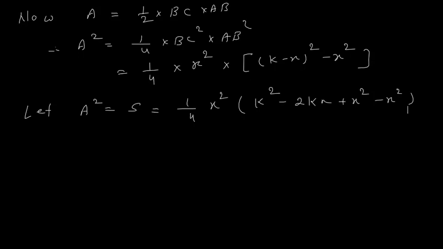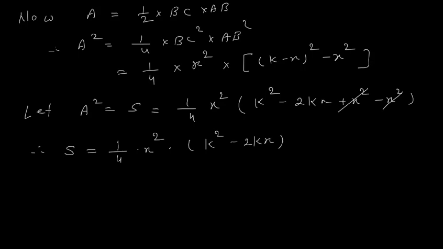So S is equals to 1 upon 4 into x square into, now this x square will cancel, k square minus 2kx. Okay, this is the expression for S.